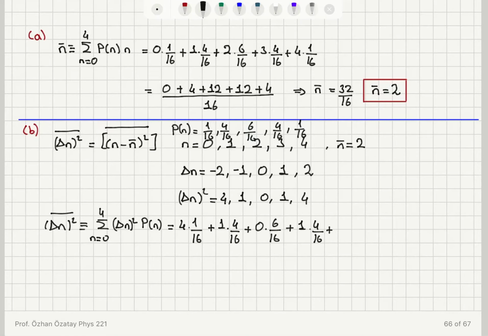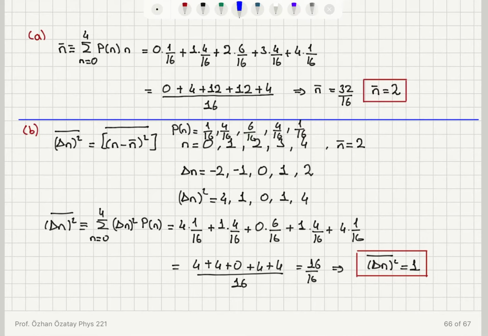If I add these numbers, I will get 4 plus 4 plus 0 plus 4 plus 4 divided by 16, so it's going to be 16 divided by 16. Therefore, the variance, delta n square bar, is equal to 1. So this is the answer to part B of the problem.